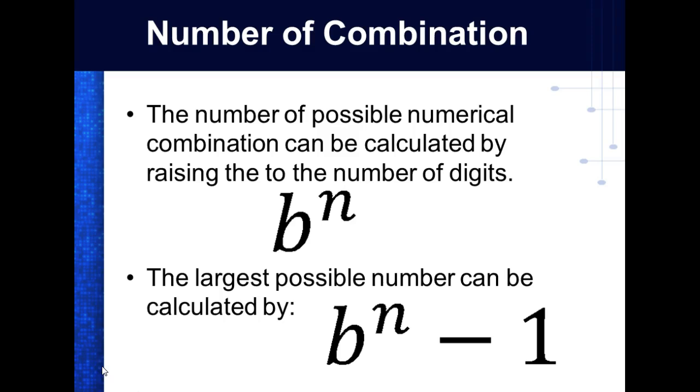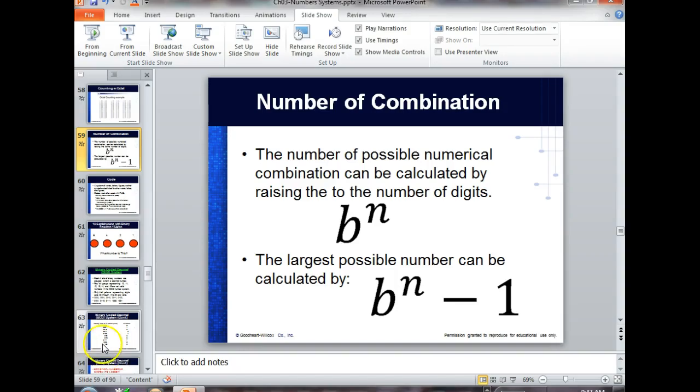This is not going to be on the slides on Blackboard. I just added it because I realized there was nothing in here that actually did this. The number of possible numerical combinations can be calculated by raising the base to the number of digits, right?